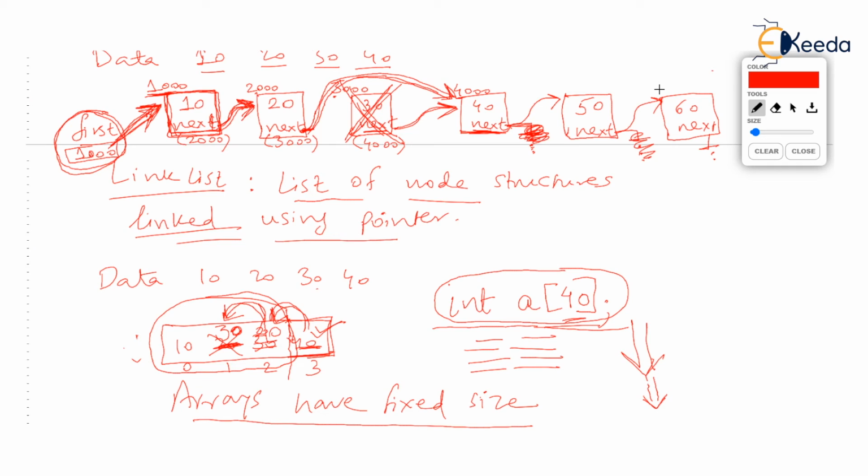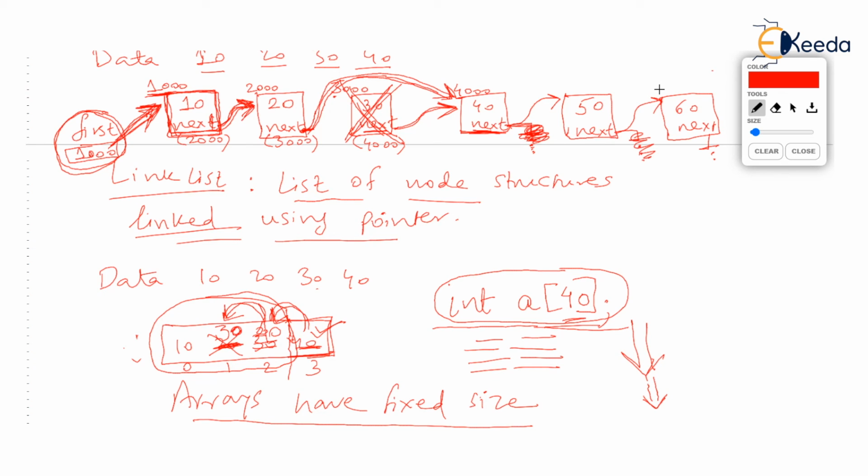Also, suppose you are writing an application in which you don't know how much data is going to be there. Somebody says n data elements are going to be there, but you really don't know how much the data will grow. Then I will advise you to use a linked list, because as new data comes in, you can just keep allocating a new node using malloc.